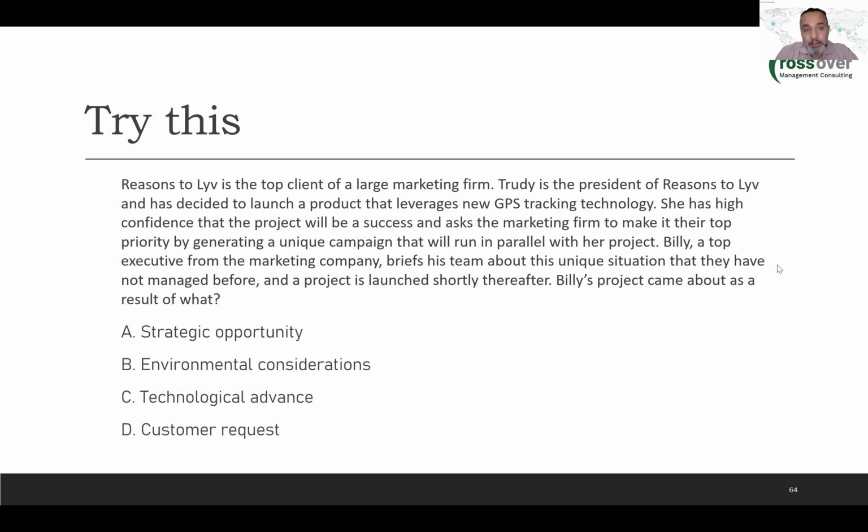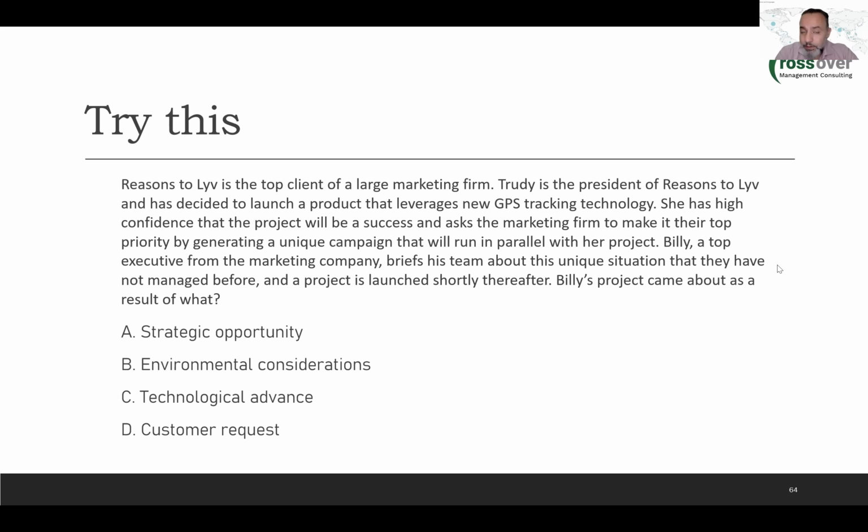Billy, a top executive from the marketing company, briefs his team about this unique situation that they have not managed before, and a project is launched shortly thereafter. Billy's project came about as a result of what?